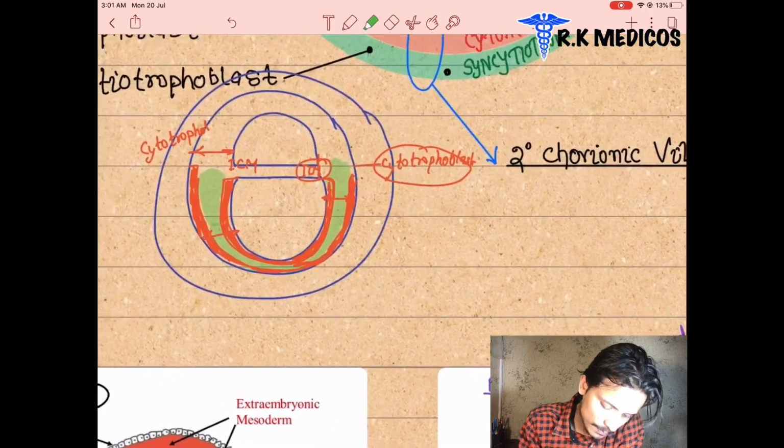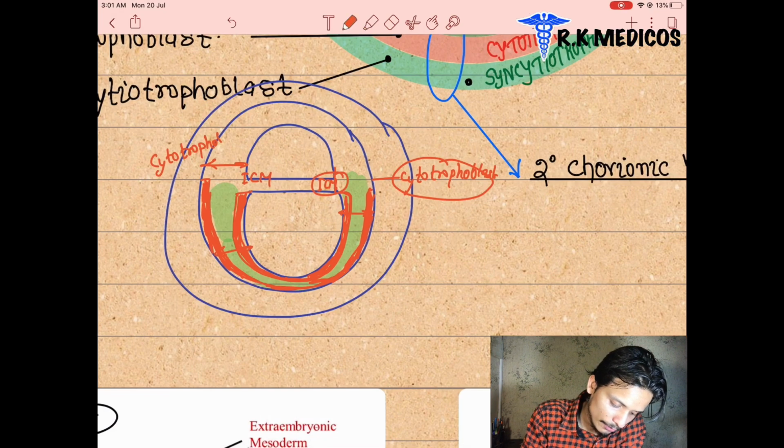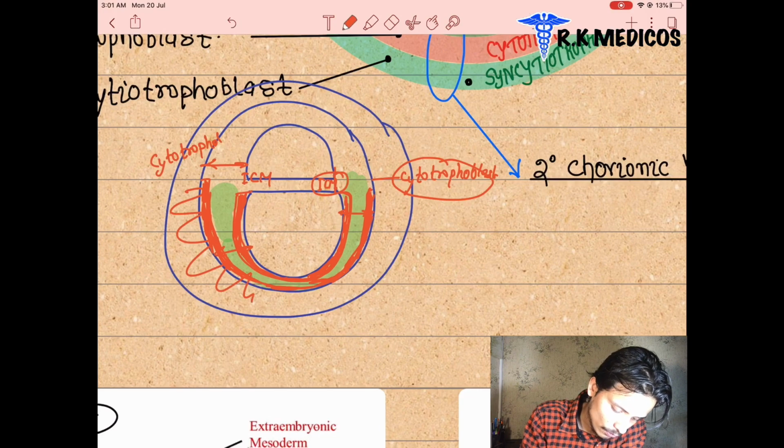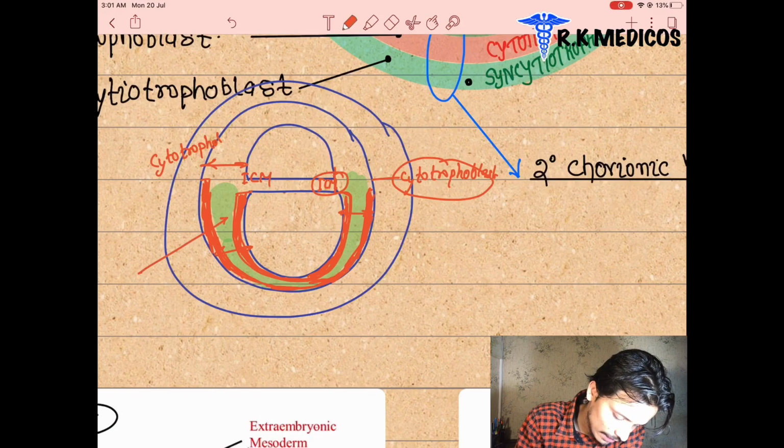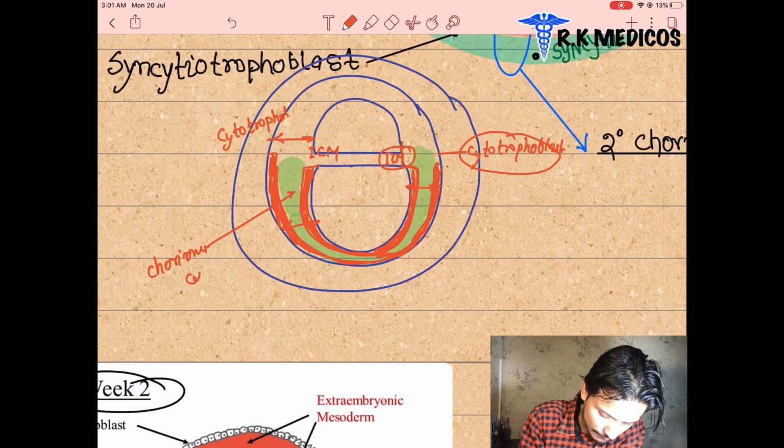And this cavity is present where? In the chorionic villi. Now you know chorionic villi is also going like this. So this is called the chorionic cavity, basically the extra embryonic coelom cavities.